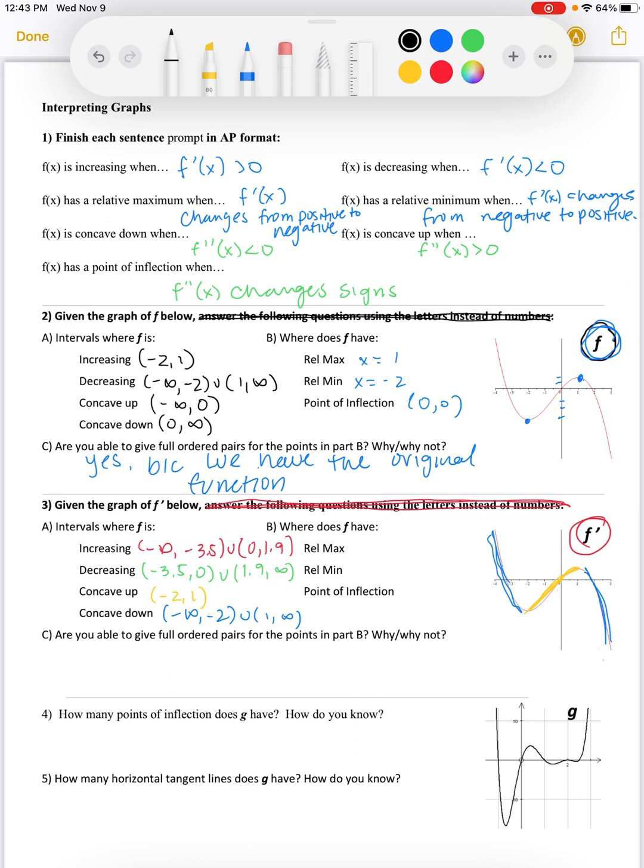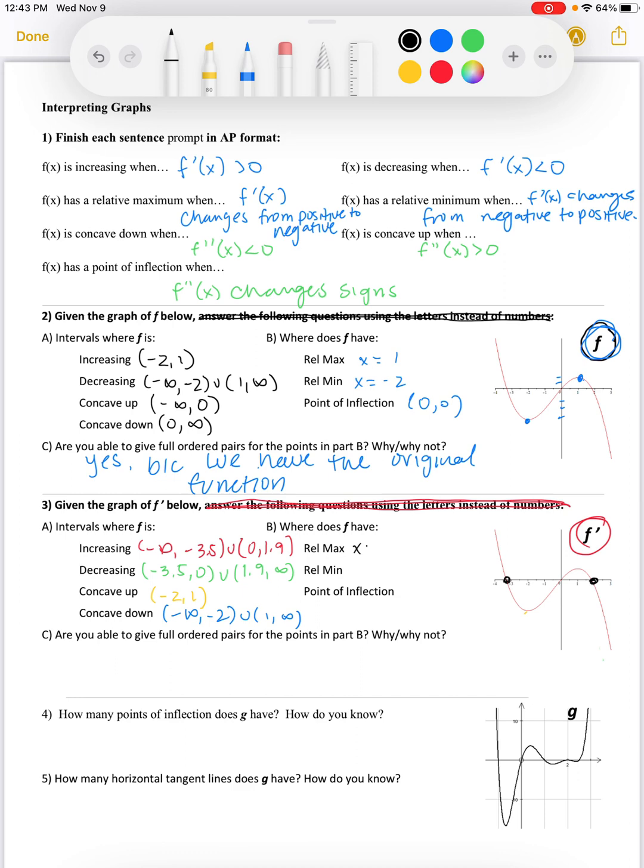Then let's find our relative max. Our relative maximum would be where we're switching from positive to negative. So I would have a relative max when my graph is going from positive to negative. That would be right here, and then also over here.